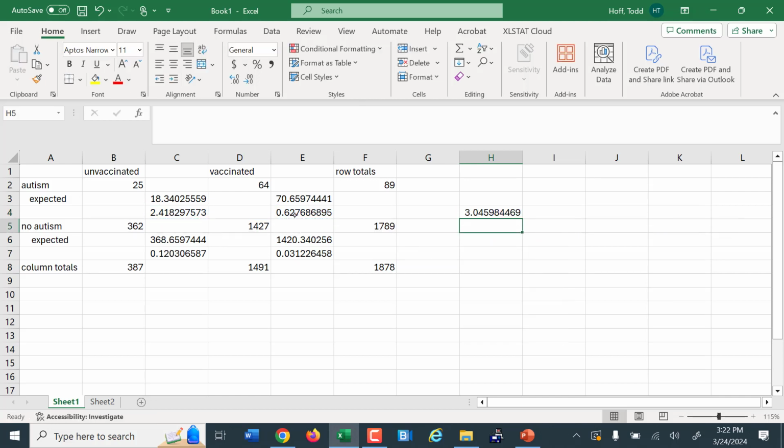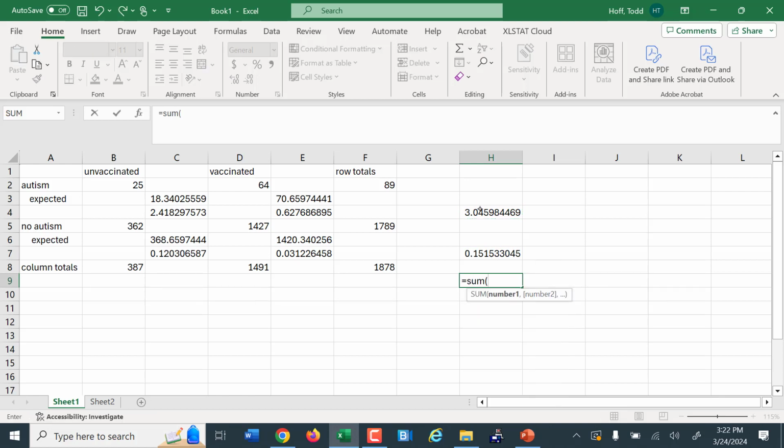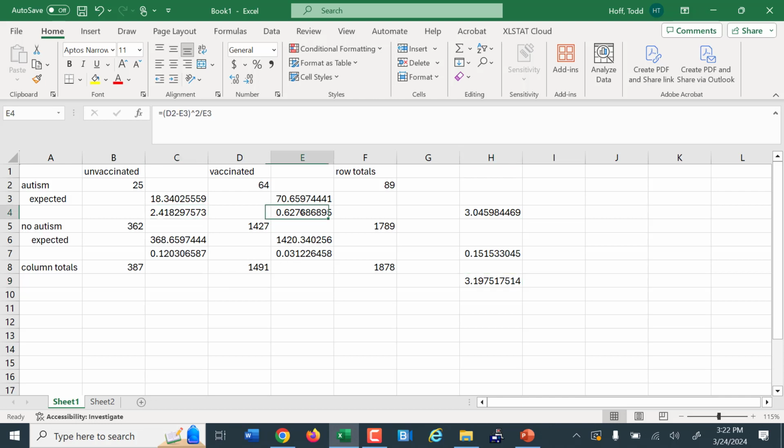Add those up, and those two, and then we'll get a sum here. I'm getting a total test statistic here of 3.198 for this data. So adding up all these contributions to the test statistic, the biggest contribution was from the one we flagged earlier, the unvaccinated with autism. But we had a total test statistic of basically 3.2.